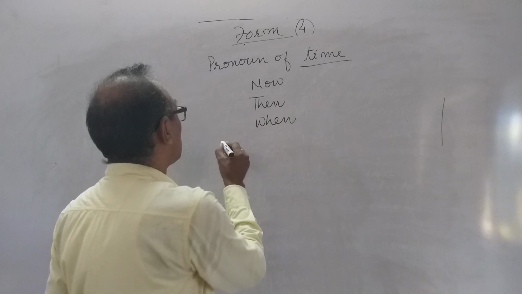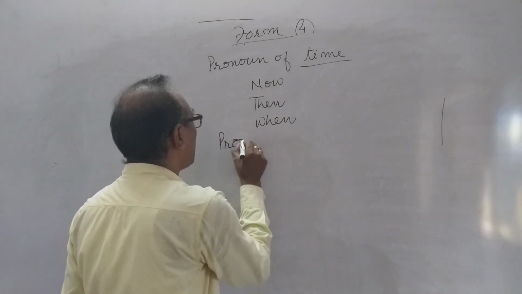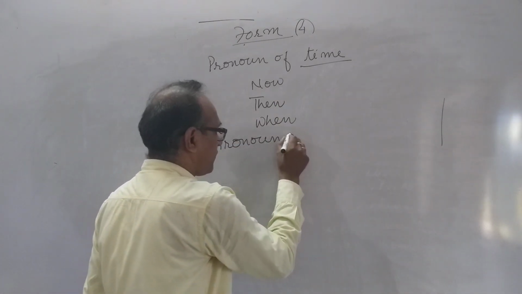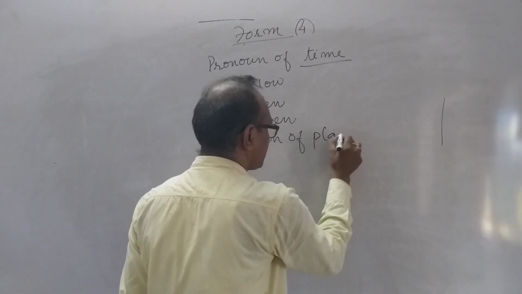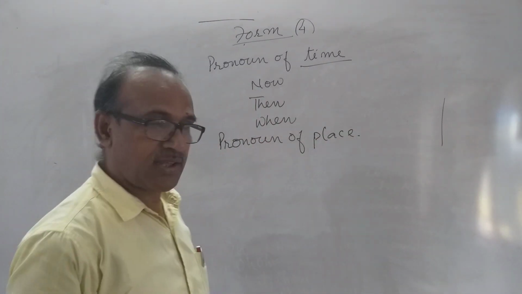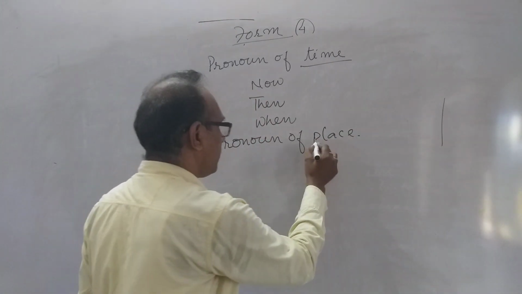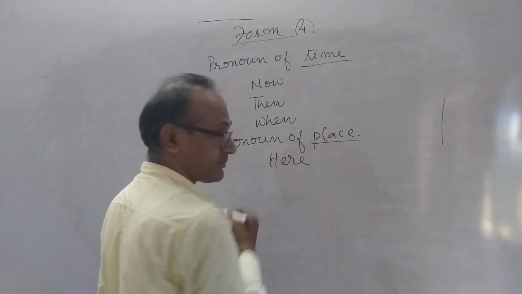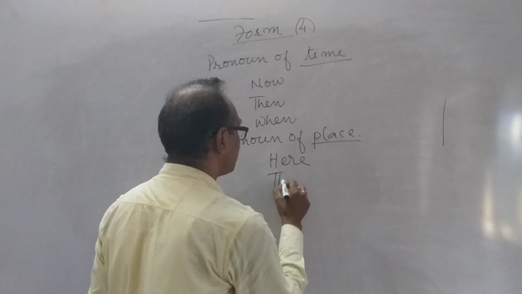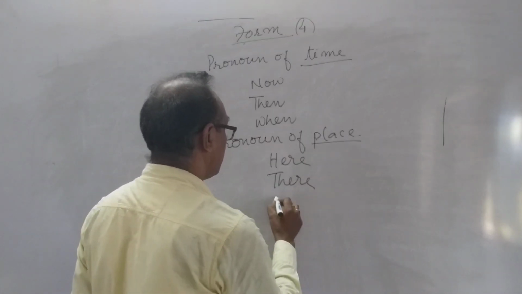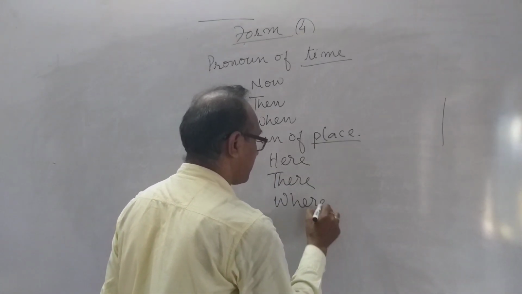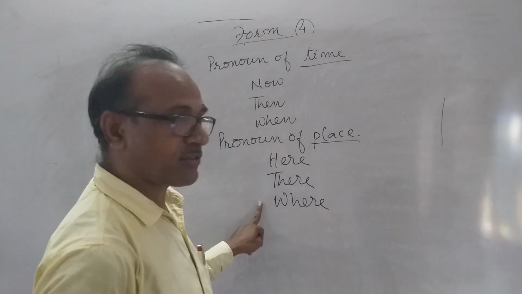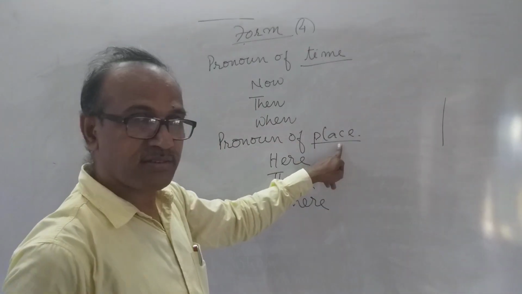And pronoun of place. So under pronoun of place, in the same way, we get here, there, where. So these are also representing any place.